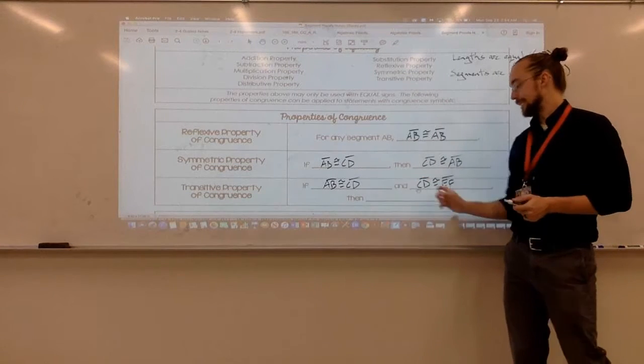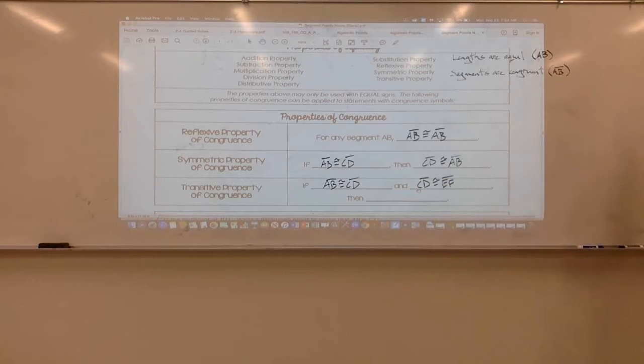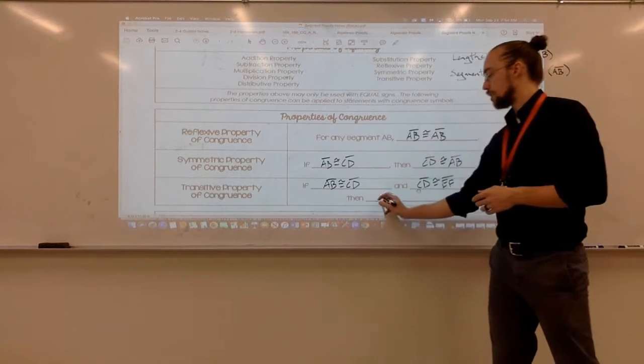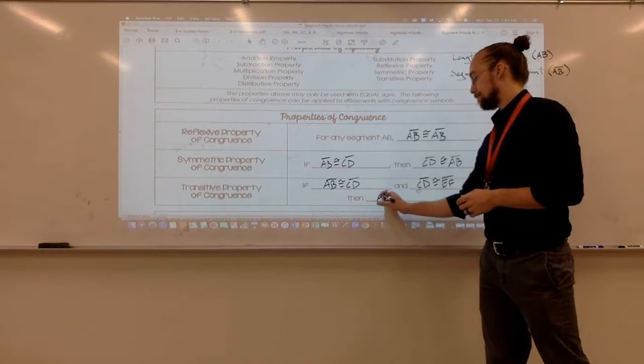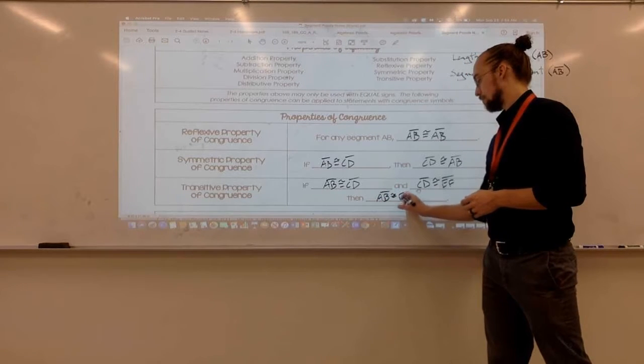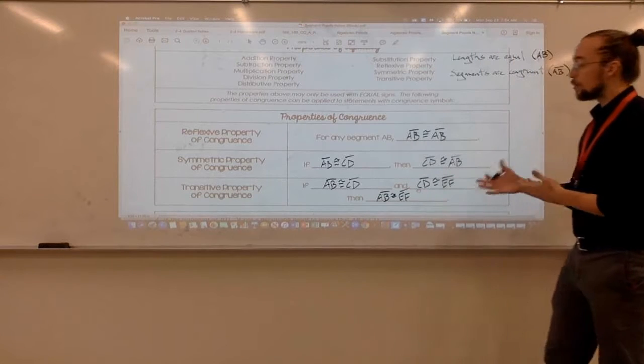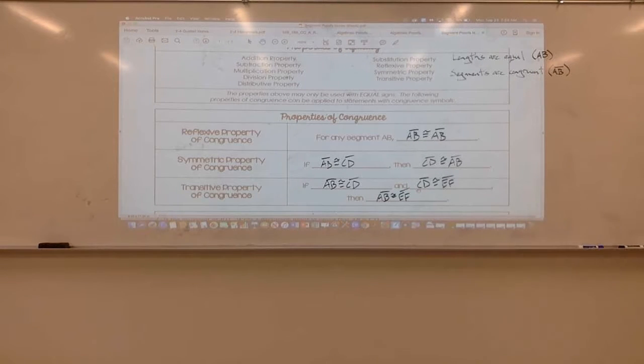So both AB and EF are congruent to CD in this case. We can say AB is congruent to EF. And again, we looked at that idea with equality last week, when we were solving equations. Questions so far?